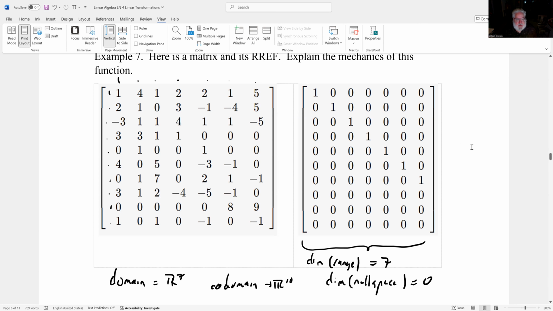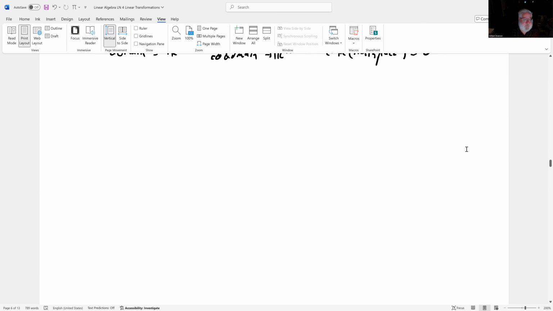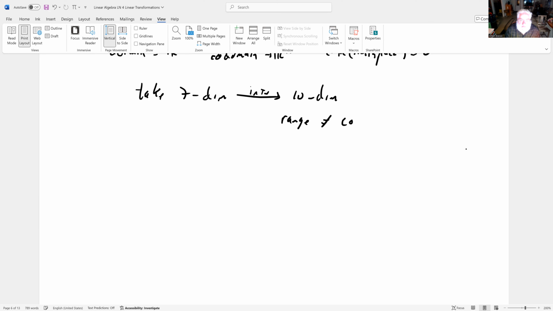So what's going on with the mechanics of this function? Well, we're taking 7 dimensions and putting them into 10 dimensions. The range does not equal the codomain because the codomain has 3 extra dimensions in it.